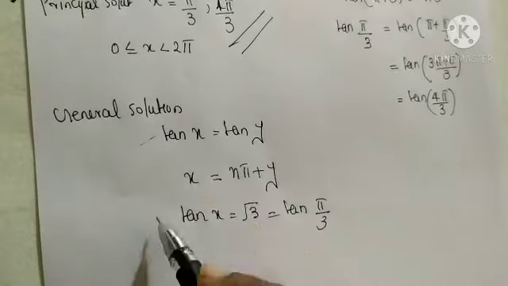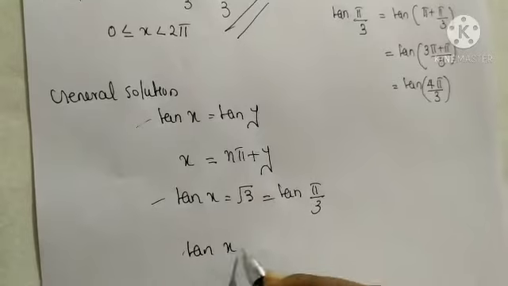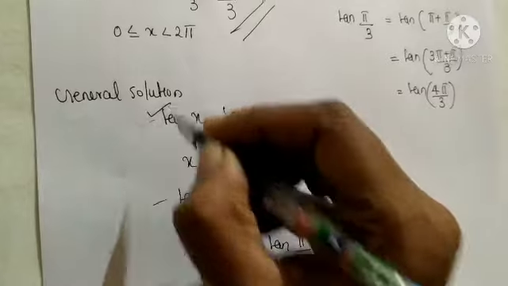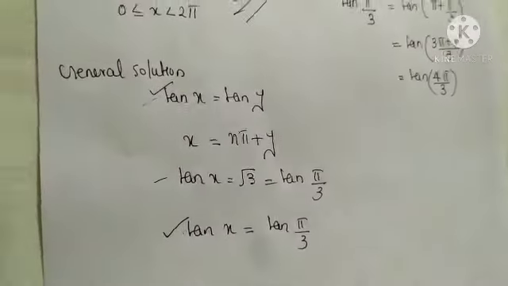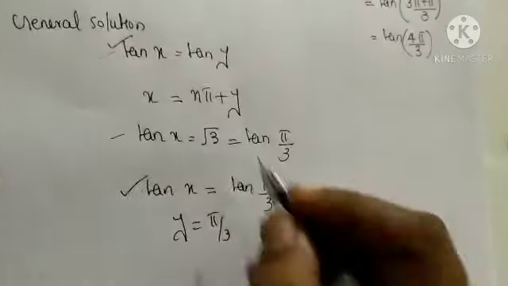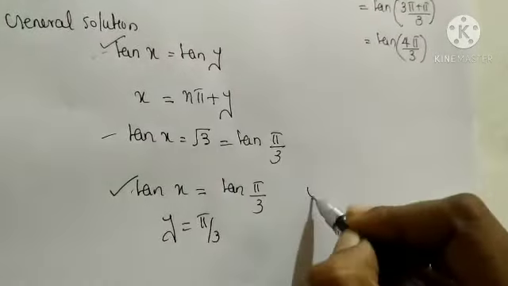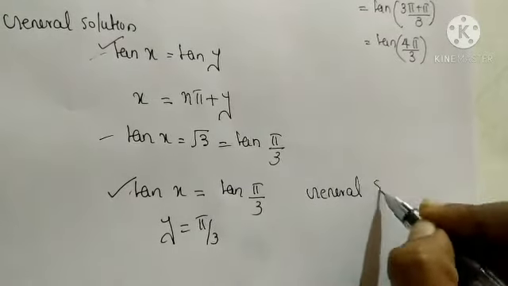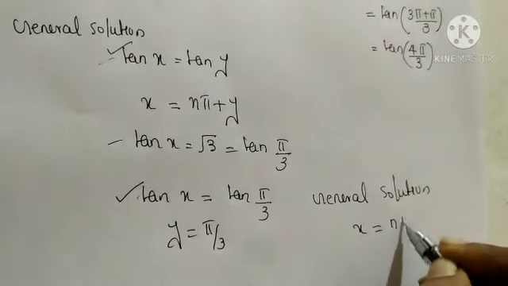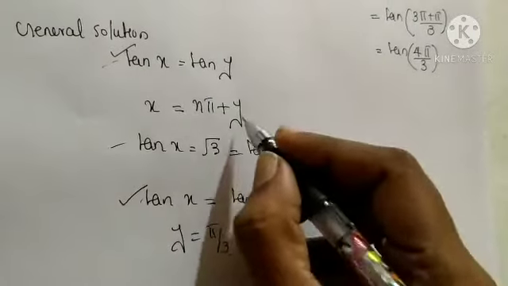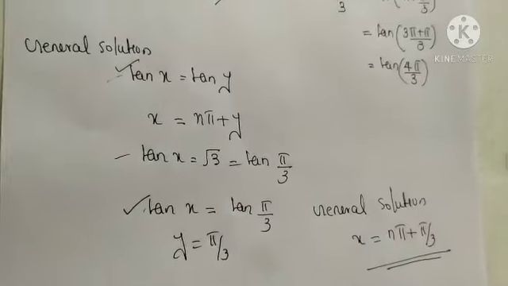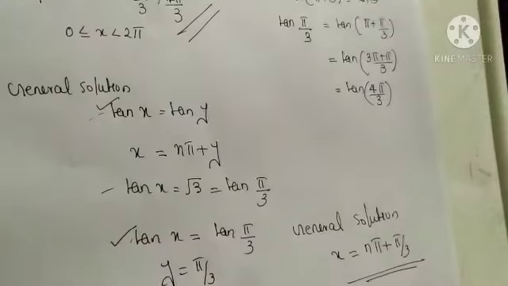So comparing these two terms, here we get tan x equal to tan pi by 3, and y is pi by 3. Okay, so the general solution become x equal to n pi plus, just replacing this y by pi by 3. So this is our answer. Okay, I hope you understood this question.